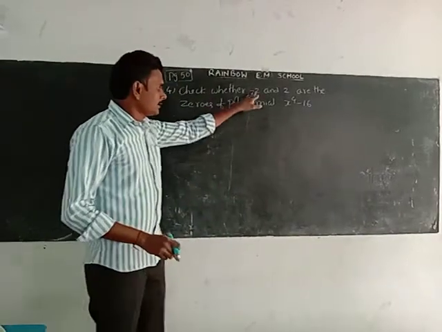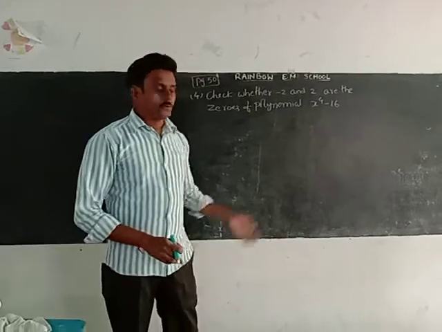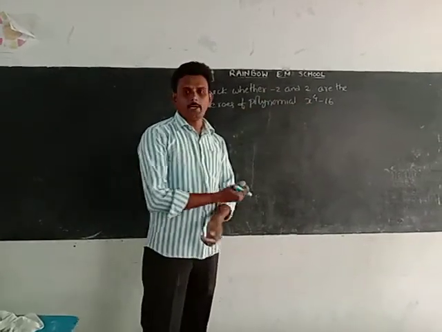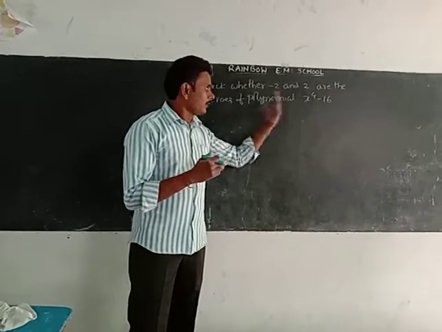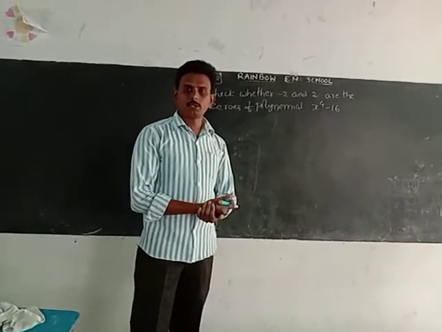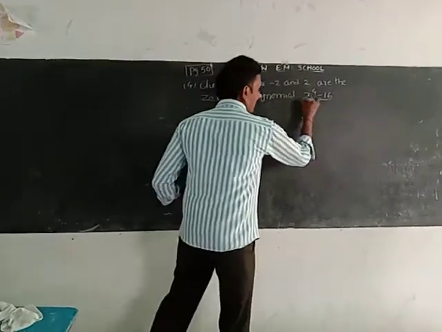We want to identify whether these are the zeros of the polynomial or not. How can we identify? First of all, using these two values, find the value of the polynomial. Whenever the value of the polynomial is 0, we can say those are the zeros of the polynomial.